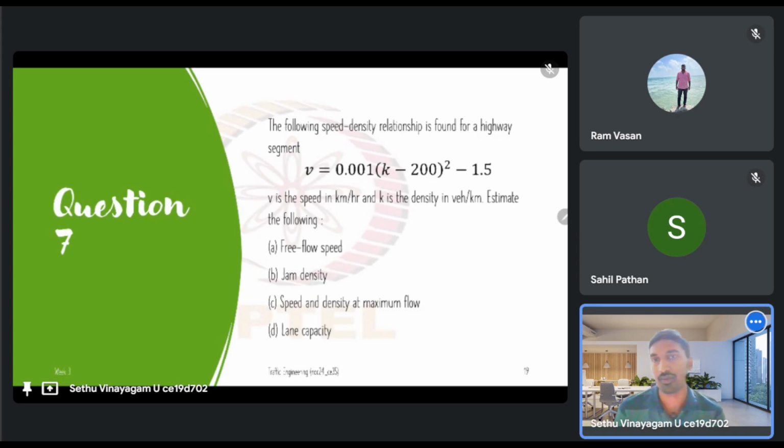So you need to solve and find out the value of all these four quantities: value of free flow speed, value of jam density, value of speed and density at the maximum flow, and the capacity. You need to calculate it.